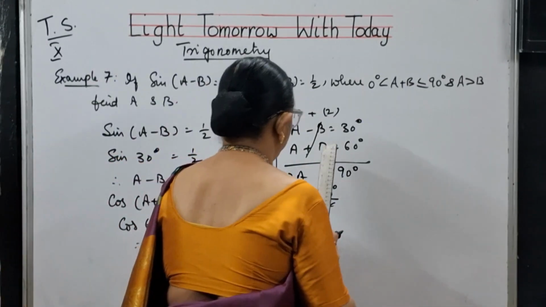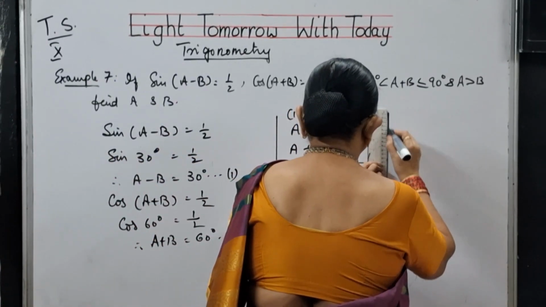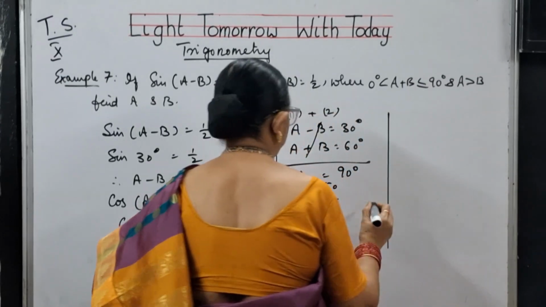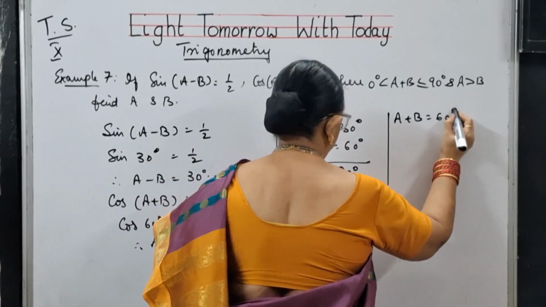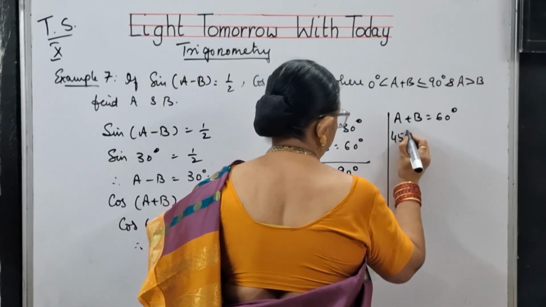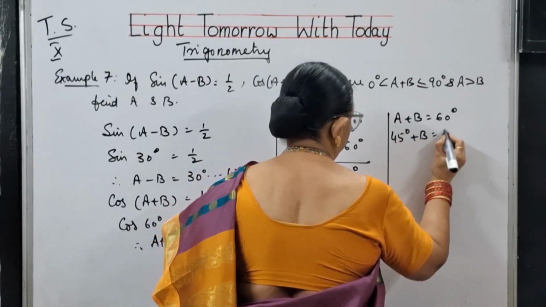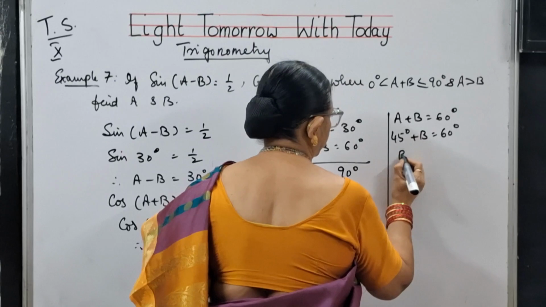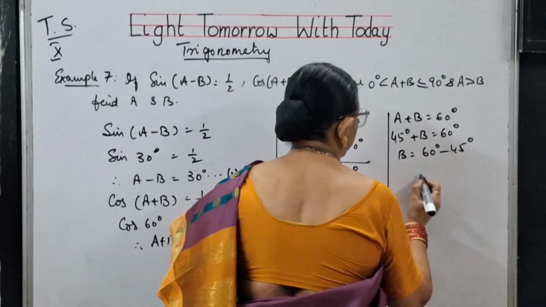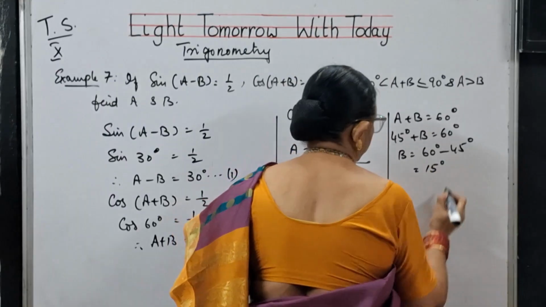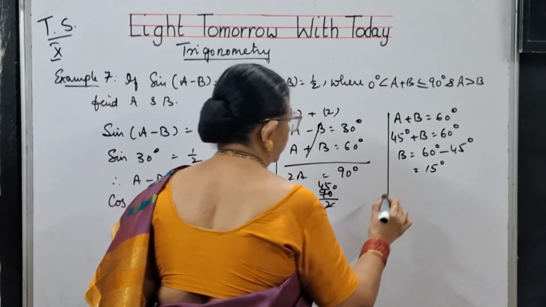After getting A value, you have to go for B value. We know that A plus B is equal to 60 degrees. 45 degrees plus B is equal to 60 degrees. So what is B? 60 degrees minus 45 degrees, that is 15 degrees.